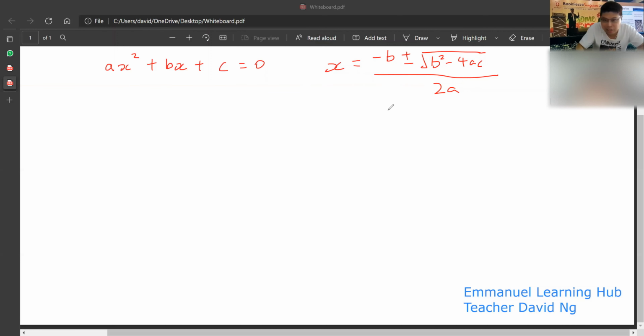Okay, this formula is derived from this equation, this expression. I'm going to show how it's been derived. Okay. So this whole expression, I'm going to divide by A. You agree, right?